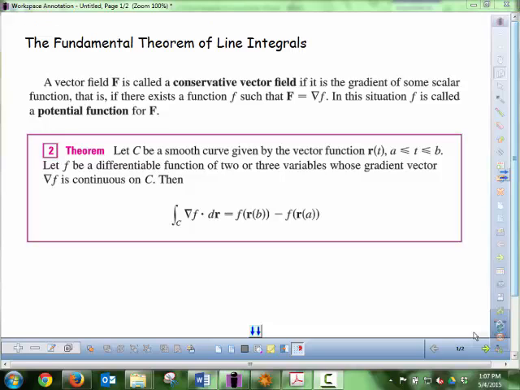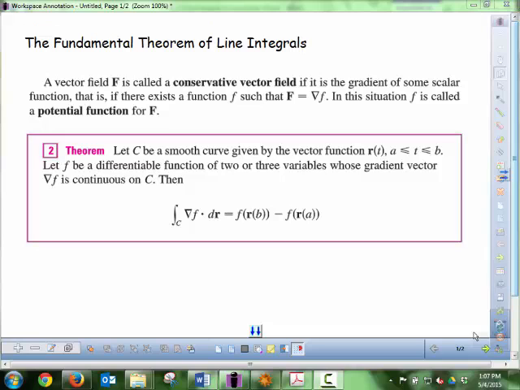So the first definition is a conservative vector field. A vector field is conservative if it is a gradient of some scalar function. And that's like saying the derivative of little f is equal to big F, the gradient field.